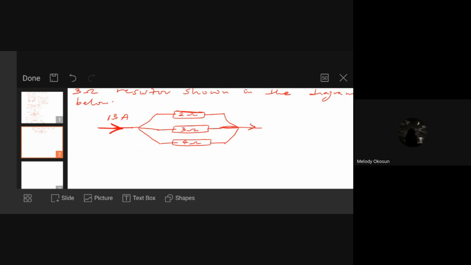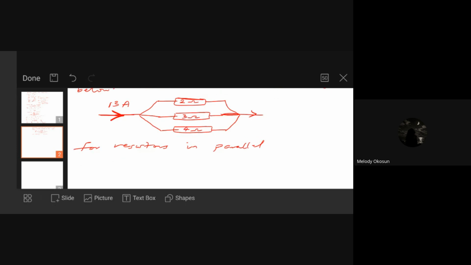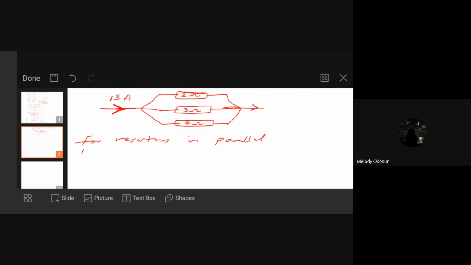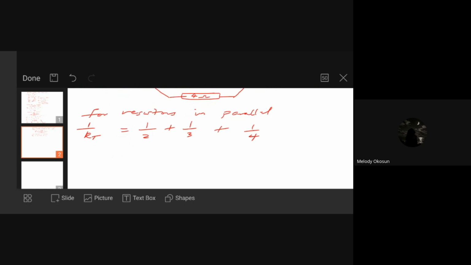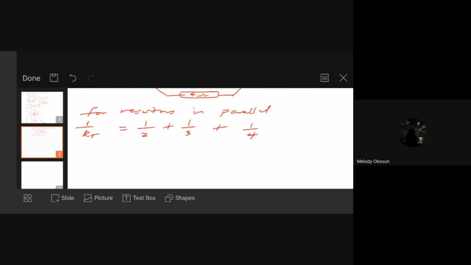Since they're in parallel, recall, for resistors in parallel, 1 over RT is equal to 1 over 2, which is the first one, plus 1 over 3, plus 1 over 4. That's what I have. Now, this is similar to the example I just gave. So let's move on.